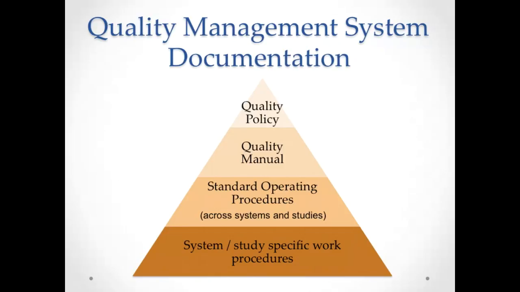Then an organization usually writes a quality manual that talks about multiple components of the quality management system. Those components include things like technology infrastructure, for example, where you're automating processes. They include standardized and controlled written processes.